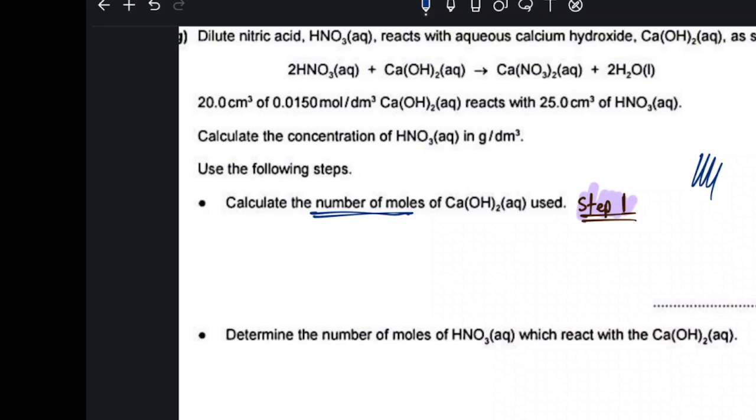So, in the very first step, let's follow the stages together. Let's follow the stages together, right? What do we do in the first step? They ask us to find number of moles in the first step. What do we do when they ask us to find number of moles in the first step? We use one of the three, right? The first one says number of moles is mass over AR or mass over MR. The second one says number of moles is concentration times volume.